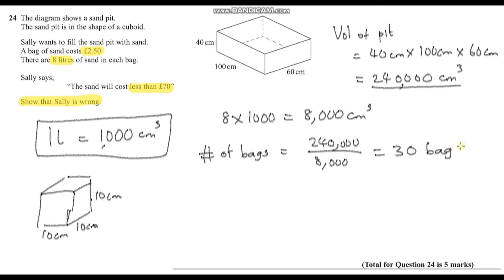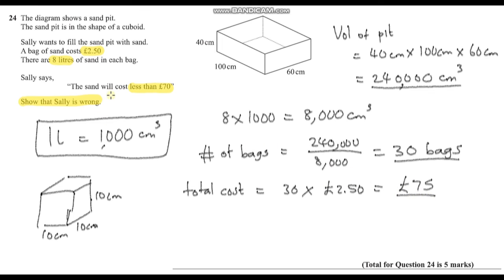So we need 30 bags. Right, now we know the cost of each bag. A bag costs £2.50. So to work out the total cost, it's going to be 30 multiplied by £2.50. So £2.50 times 3 is £7.50, so it's going to be £75.